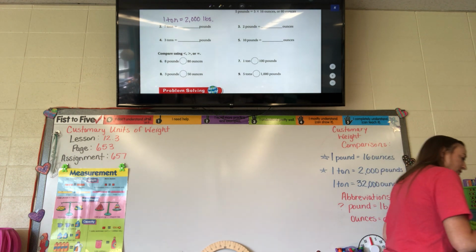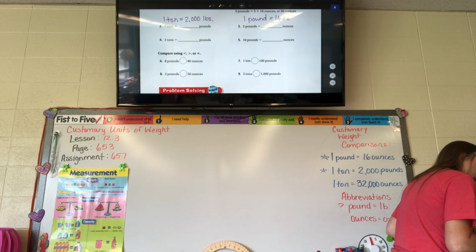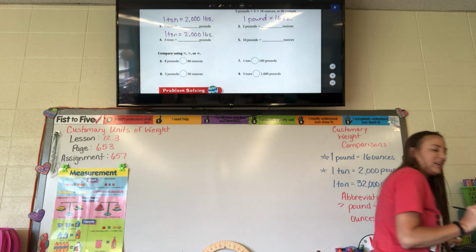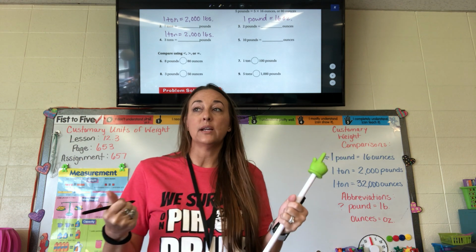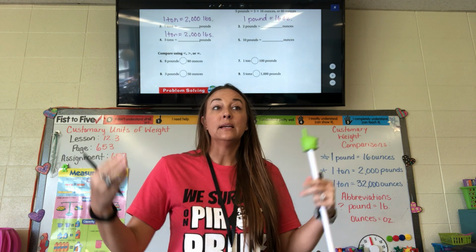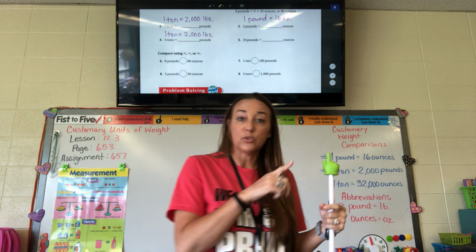So put your comparisons on top. 1 pound equals 16 ounces. 1 ton equals 2,000 pounds. I know it gets kind of tedious to write this over and over again, but it really does help, and it helps you get into the frame of mind that you can set these up like equivalent fractions and cross multiply.